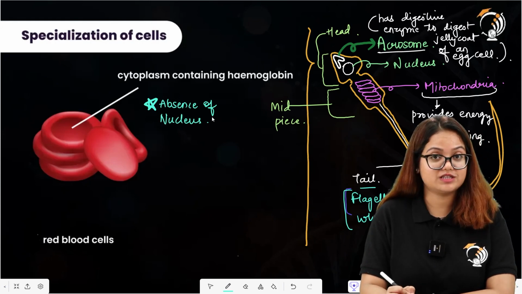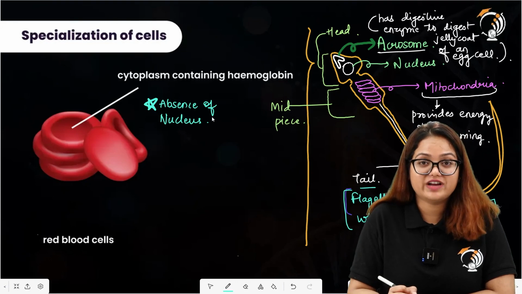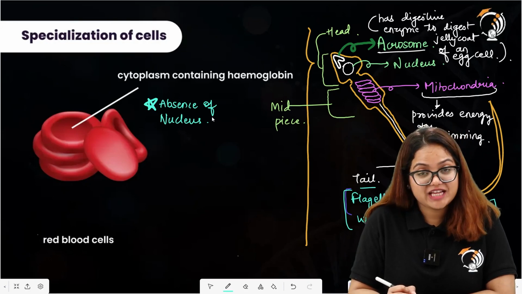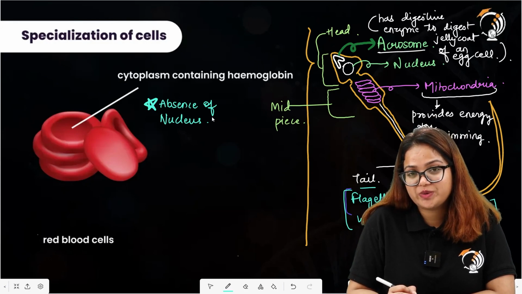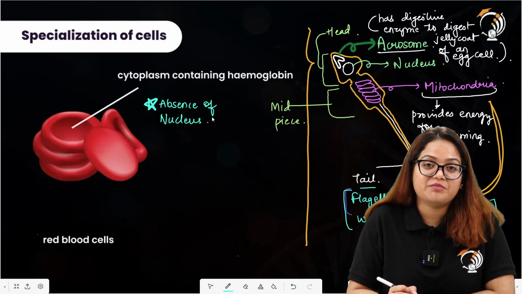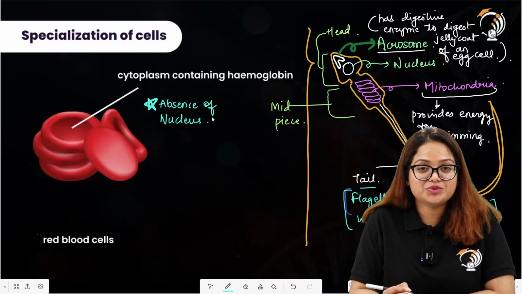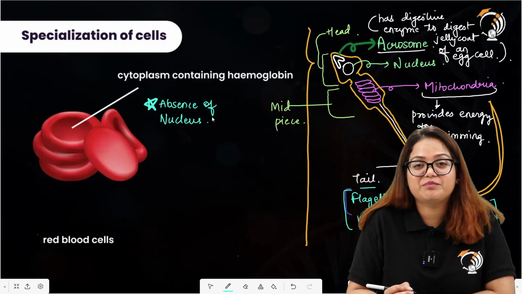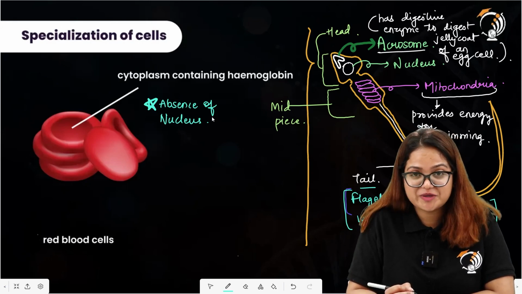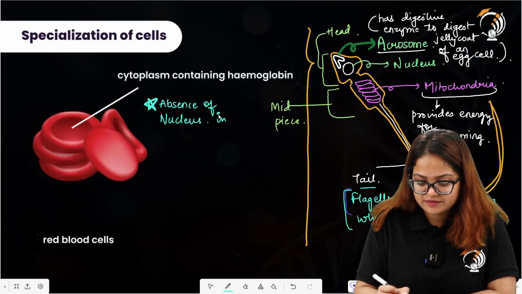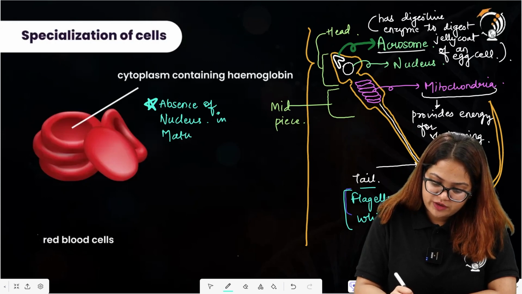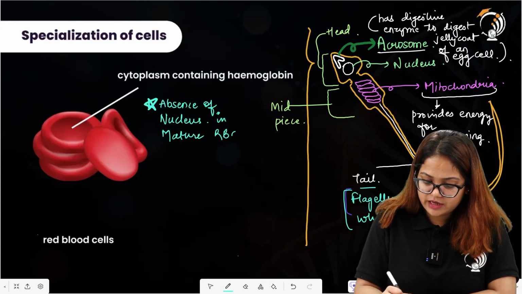Yes, nucleus is not present in mature RBC. So don't be surprised whenever this term pops up in the question as well.